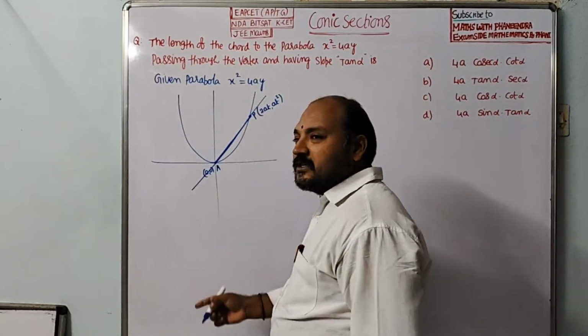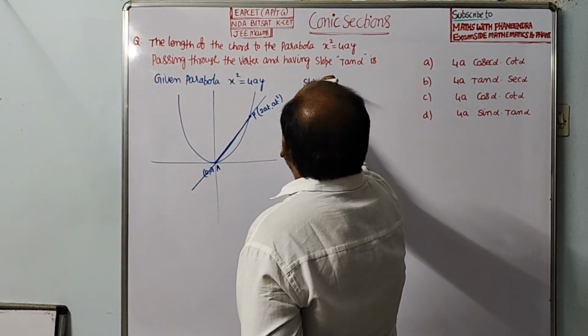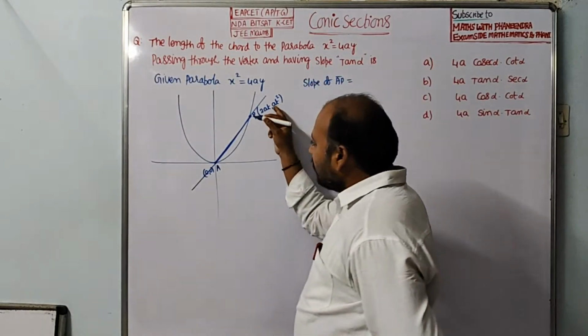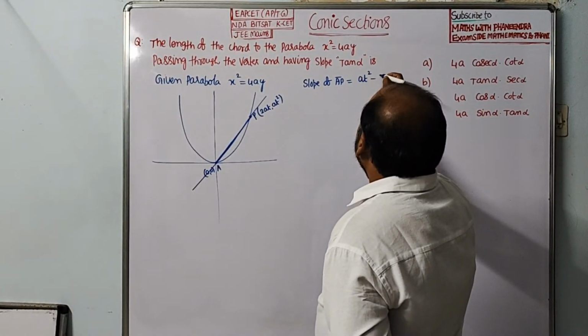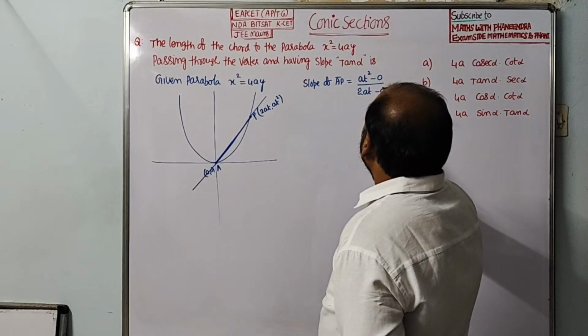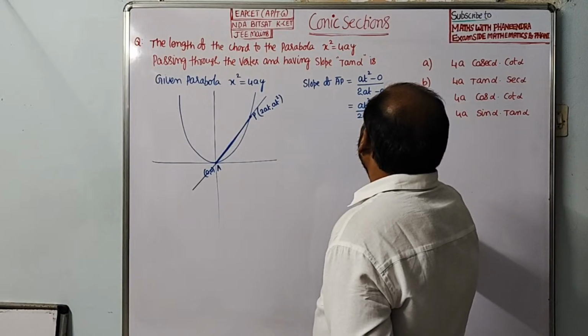So AP, first you need to calculate the slope. Slope of AP. 2 points are there, means y2 minus y1 by x2 minus x1 only. So at square minus 0 divided by 2at minus 0.